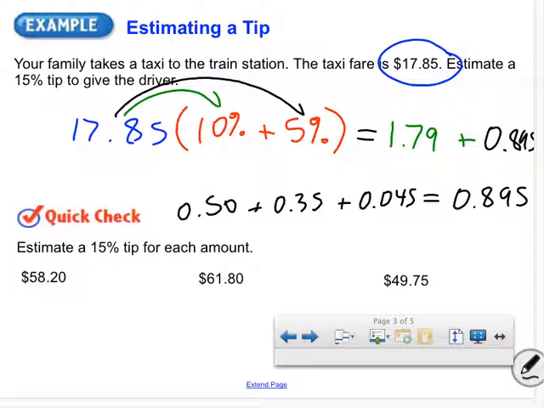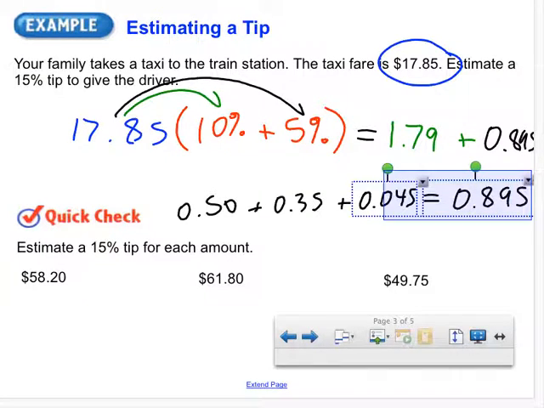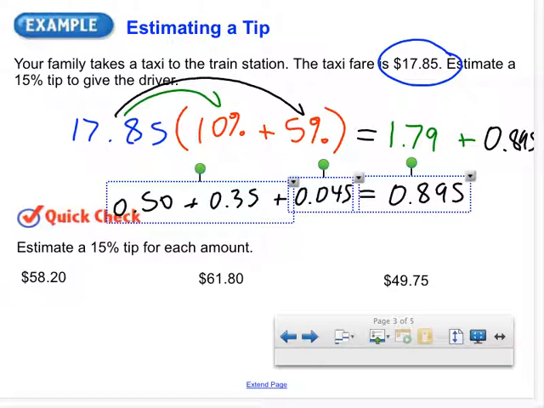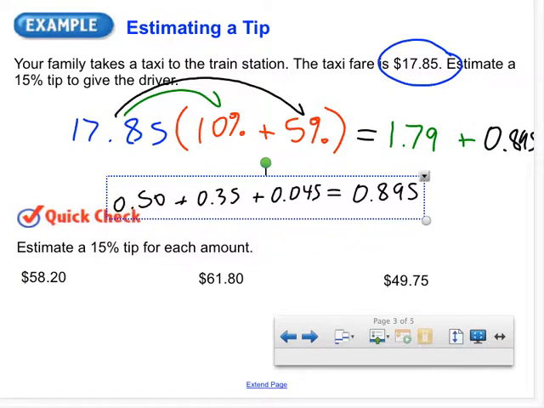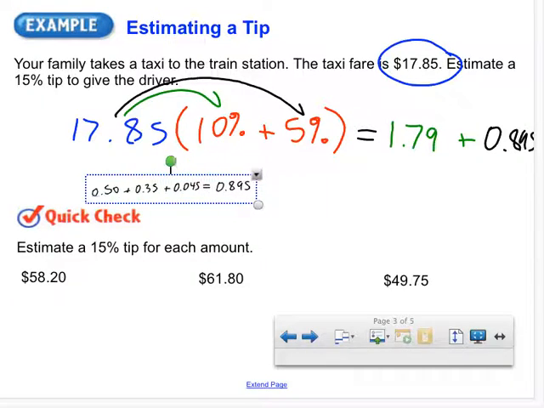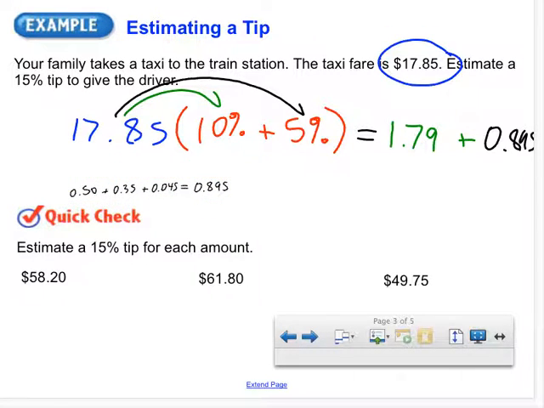So now you know where that comes from, because we're going to use that here in a moment. We got that little bit of information here. And so what would 15% be? So we need to take and add these, right? $1.79 plus 5%. So 10% plus 5%.